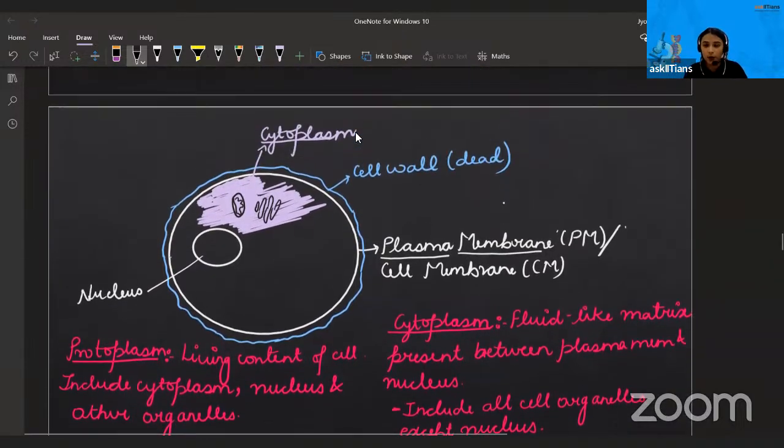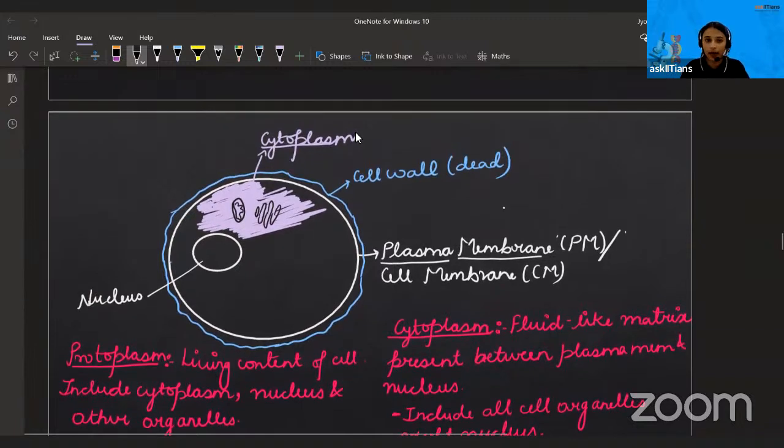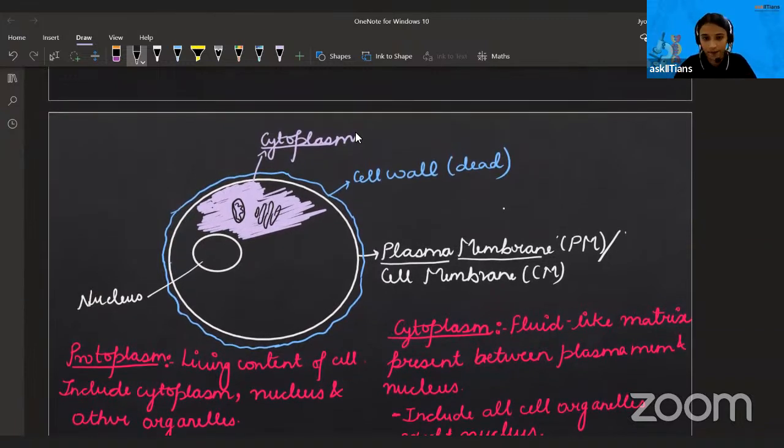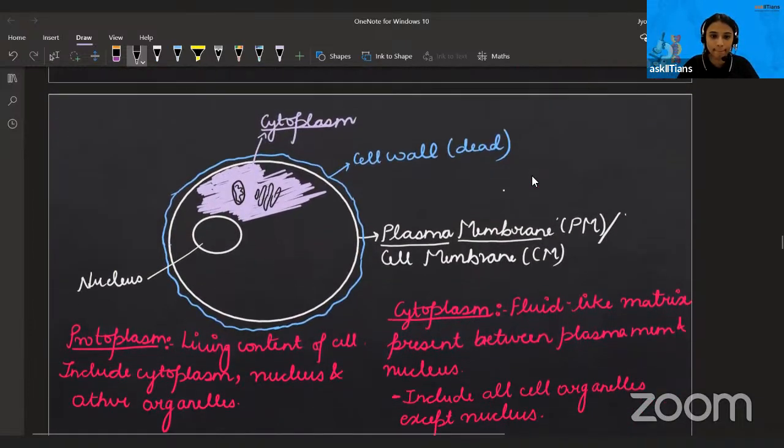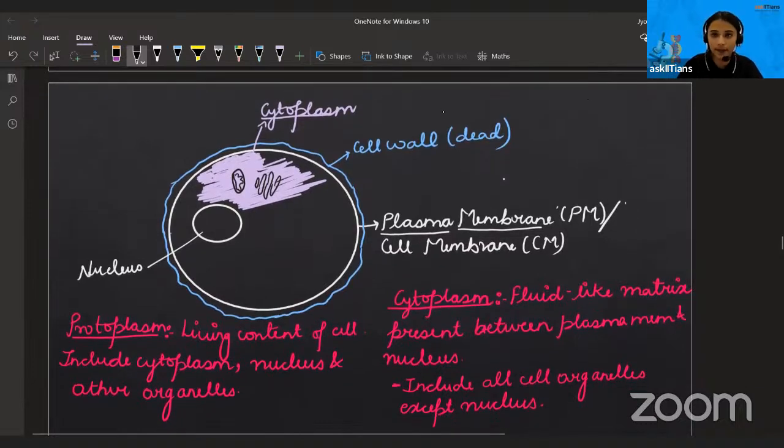Now, I will show you the animal cell and plant cell in 3D. Just give me a second.